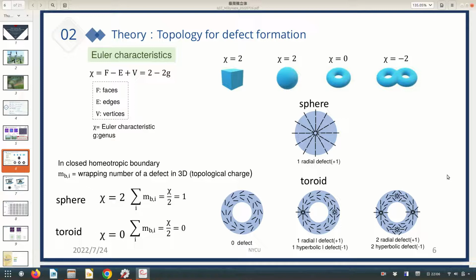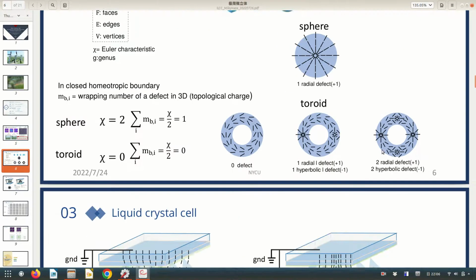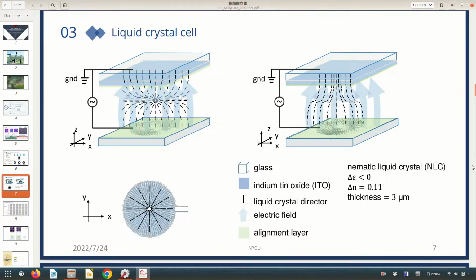Okay, so then this is our liquid crystal cell. The liquid crystal is sandwiched in glasses coated with transparent electrode. The bottom electrode is patterned. When the electric field is applied, the electrode operates the liquid crystal.